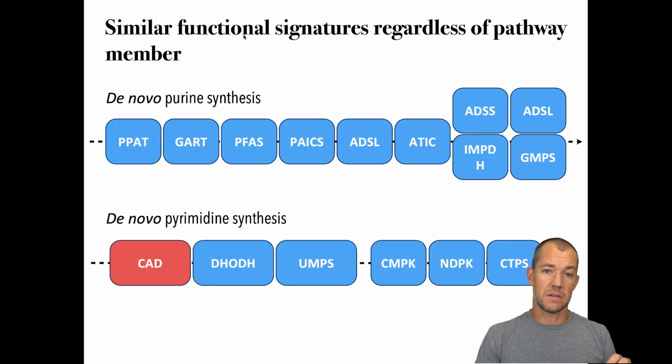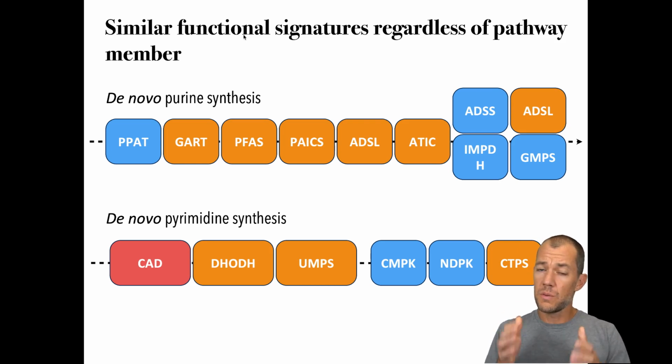If our cells don't have CAD, they're not going to have nucleotides, and a subset of these cells will die. Now, it doesn't matter how you knock out nucleotide biosynthesis. If the cells don't have nucleotides because you knock out another gene in the pathway, then the cells will also die. But again, and here's the key idea, only a subset of the cells care about nucleotide biosynthesis.